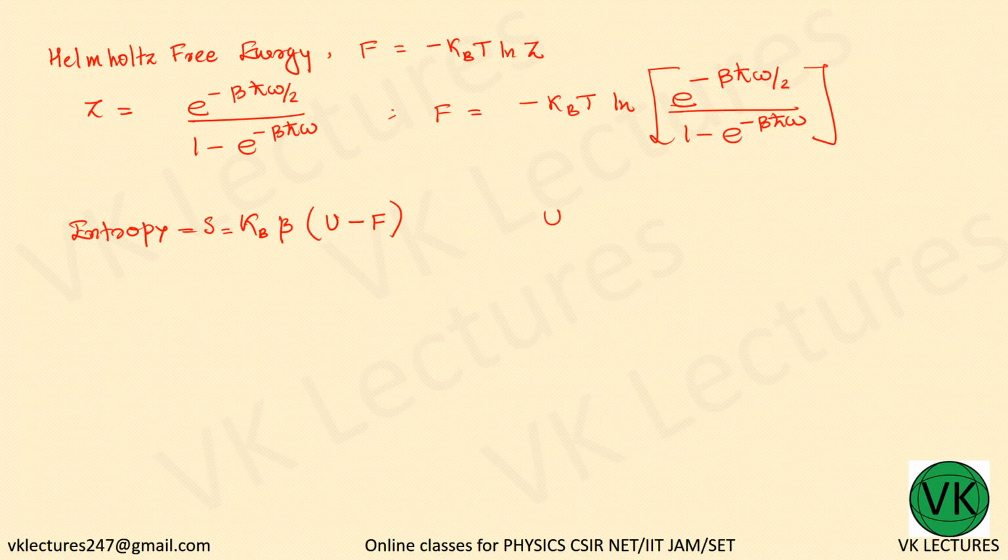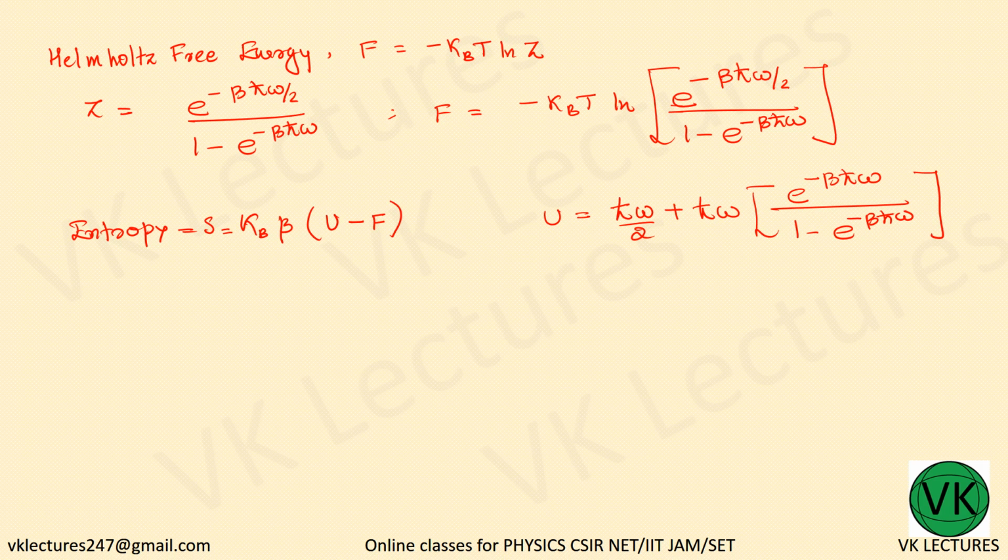So U is equal to h cross omega by 2 plus h cross omega into e to the power minus beta h cross omega divided by 1 minus e to the power minus beta h cross omega. So this is U here.